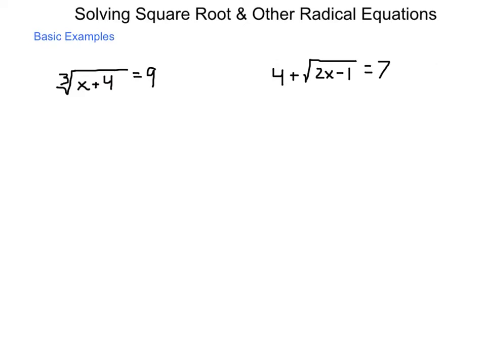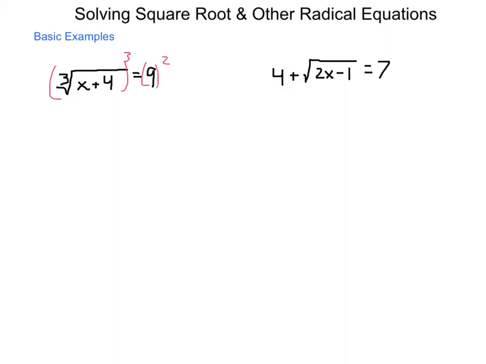If I have the cubed root of x plus 4 equal to 9, I'm going to follow those three steps in order to solve for x. First is isolate the radical, which it already is. Next, I'm going to raise to the nth power. Since I have a cubed root in my equation here, I'm going to raise this to the third power, and I will do the same on the opposite side.